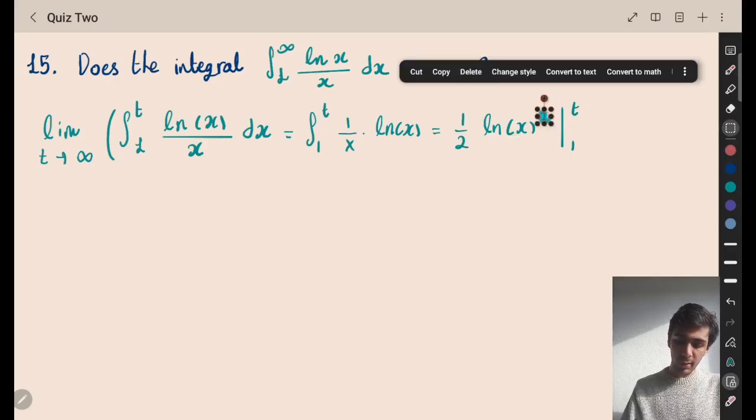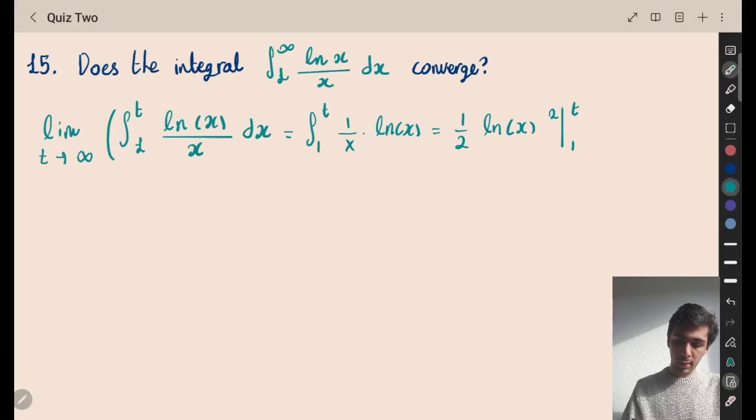To be very precise, let me make this bracket. So bring down the power, take away 1, and then the derivative of the inside function is 1 over x. So that's why it works. If you do lots of integration by parts, you can see it very quickly. Anyway, so that's the integral of the function.